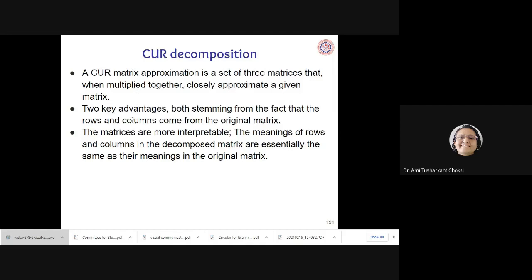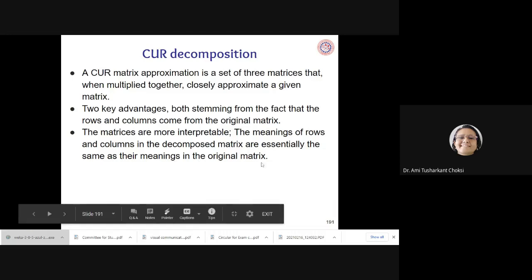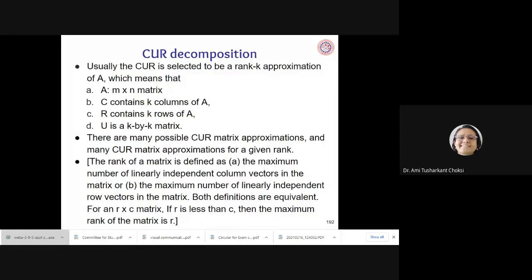Now, two key advantages, both stemming from the fact that the rows and columns come from the original matrix. The matrices are more interpretable. The meanings of rows and columns in the decomposed matrix are essentially the same as their meanings in the original matrix. Fine. So what do we do for that?